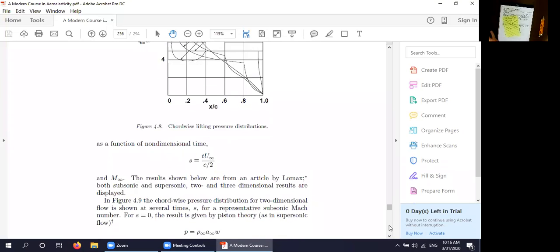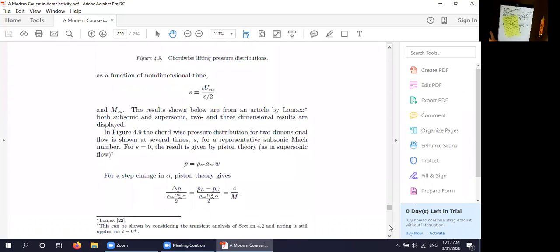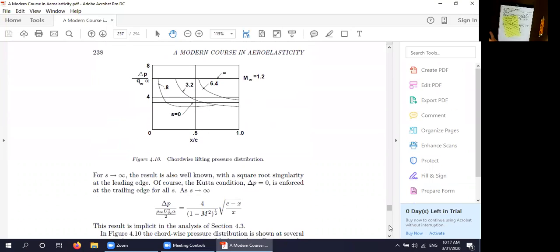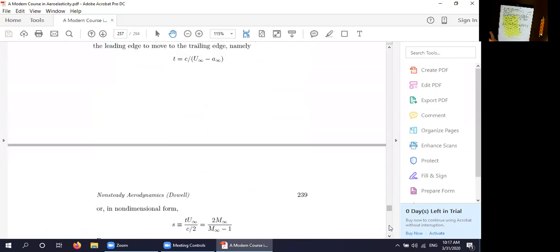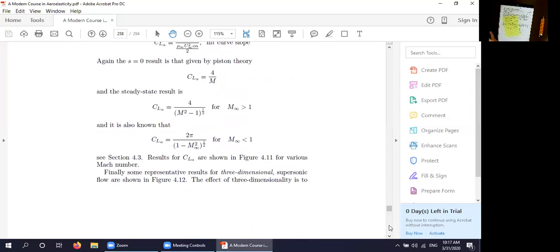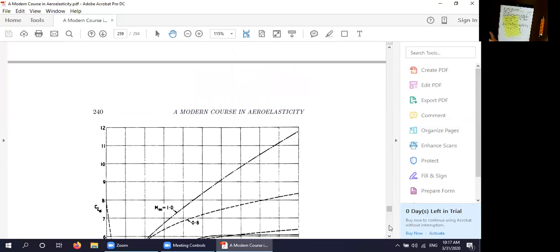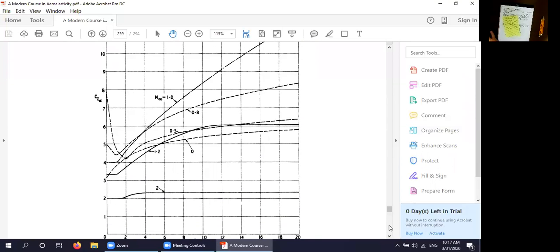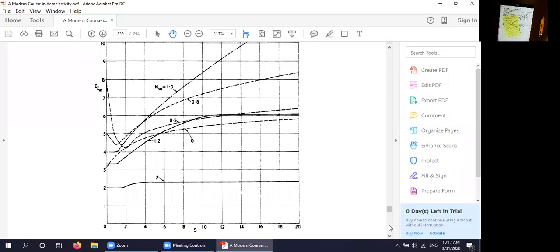Okay, well, let me first of all show you the result that you're probably most interested in. And let me go back down here. Here we are. Someone asked me a moment ago, are we computing CL or CL alpha?